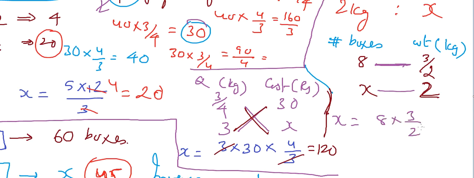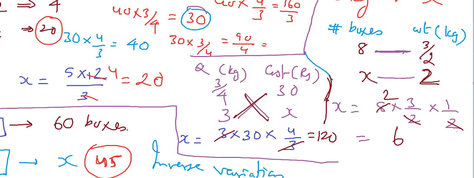The other number will be the denominator, so we have to divide by 2. Dividing by 2 is multiplying by 1 by 2. So 2 into 2 is 4, and 4 into 8 is... 6. So for the same amount of money, the number of boxes that can be purchased is 6.